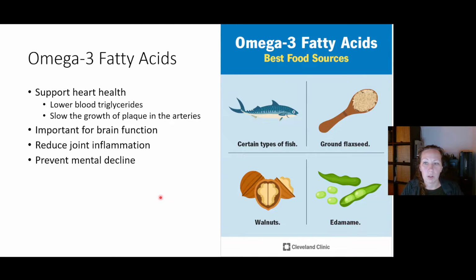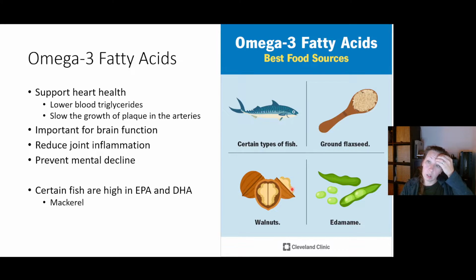They prevent mental decline. It's been shown that people who have a diet that is higher in omega-3 fatty acids have less propensity for Alzheimer's than those who don't consume enough.